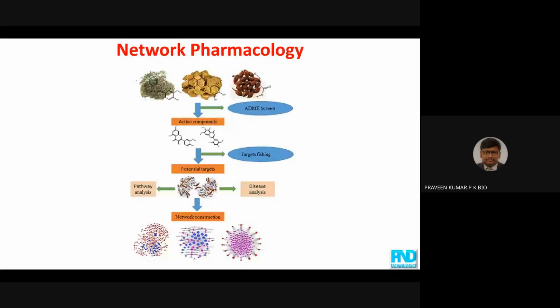Here, we take a plant, and from a plant we can have hundreds of compounds. From hundreds of active compounds, we try to screen using any of the filters. The filters can be drug likeness filter, or we can filter the active compounds based on ADME, including toxicity, ADMET properties.